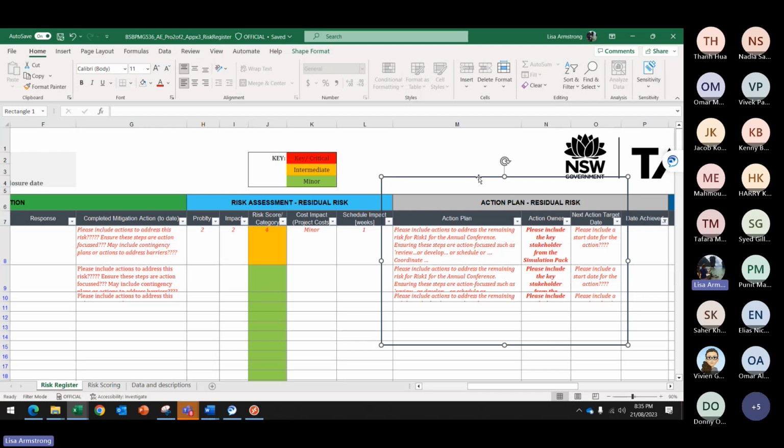Just one, not a whole action plan, just one action would be great. What do you think? Any other ideas for actions?